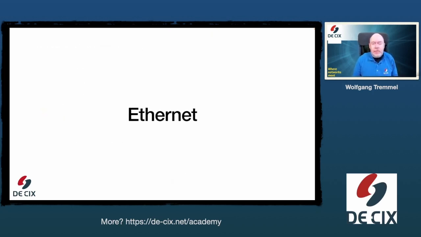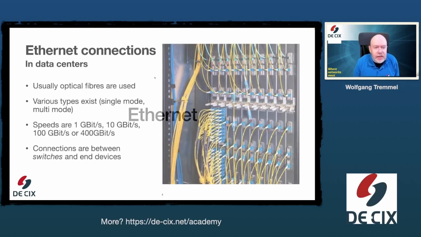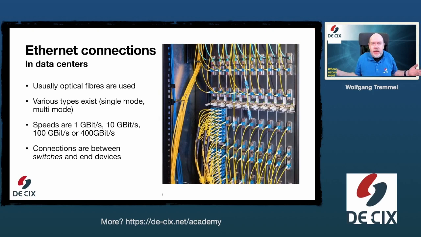But let's repeat a little bit about Ethernet. Ethernet devices, Ethernet connections in a data center. You've all seen them. They are big boxes connecting hundreds of devices using optical fibers with speeds up to 400 gigabit per second. And they connect a switch or switches and end devices.